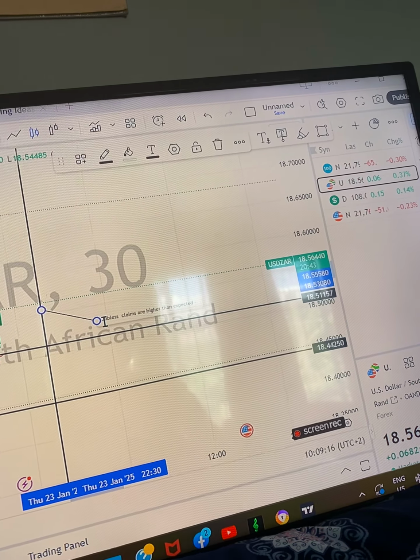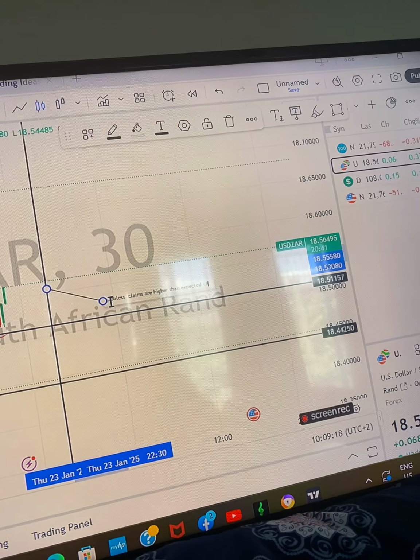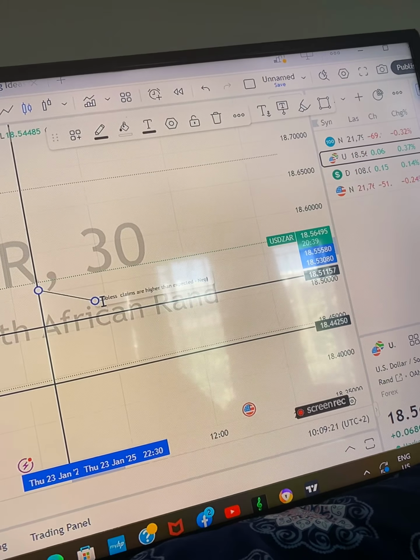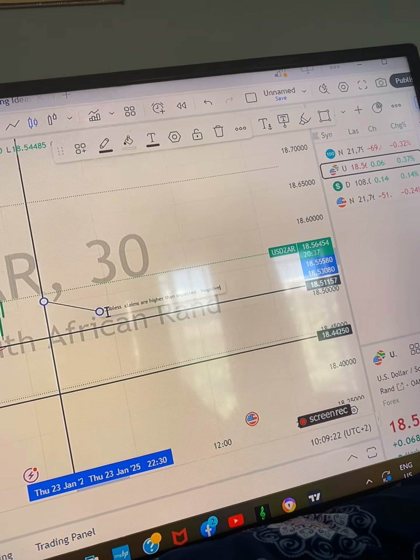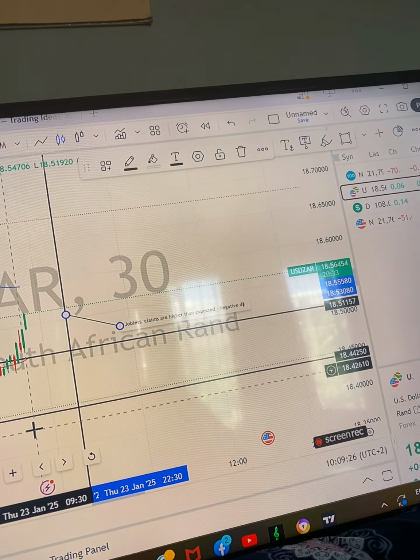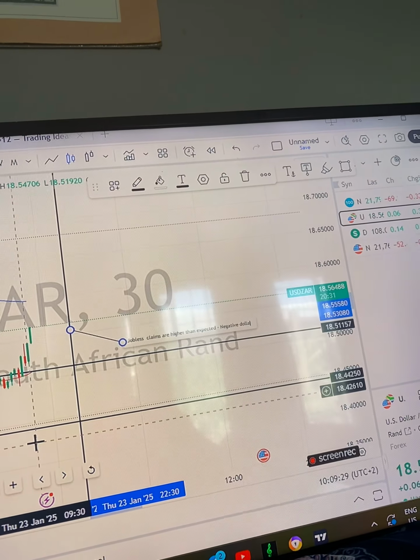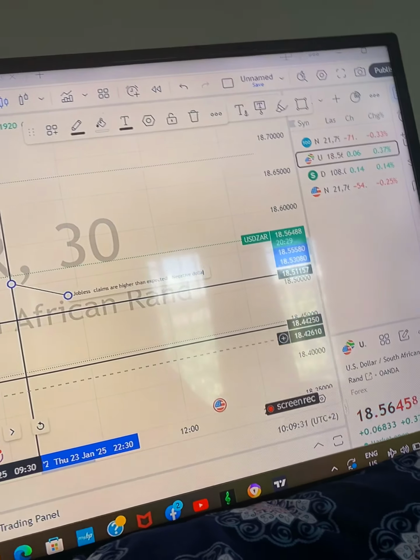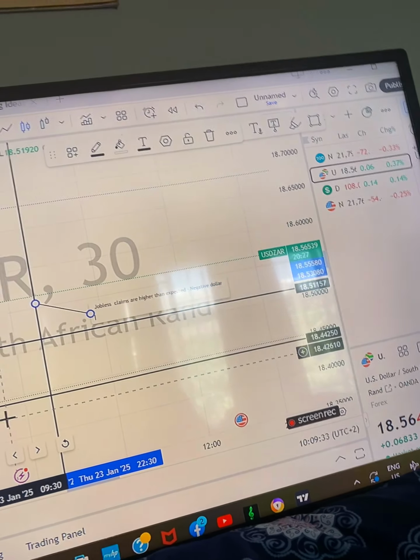So if the jobless claims over here are higher than expected, negative dollar. Yeah, negative. And it means Nasdaq has to buy, which is not really what right now we are seeing on the chart.